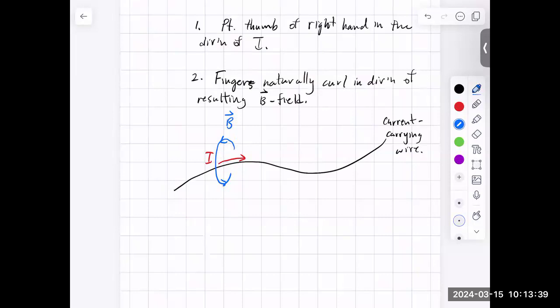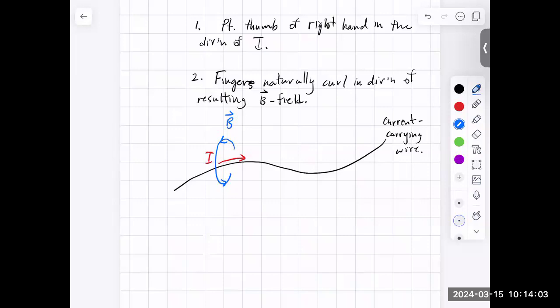Okay, what we're going to be doing for the next few classes is the following. Let's think of an analogy with what we did at the beginning of the term. At the beginning of the term, we established that charges are a source of electric fields. Now we've established that a moving charge or current is a source of a magnetic field.